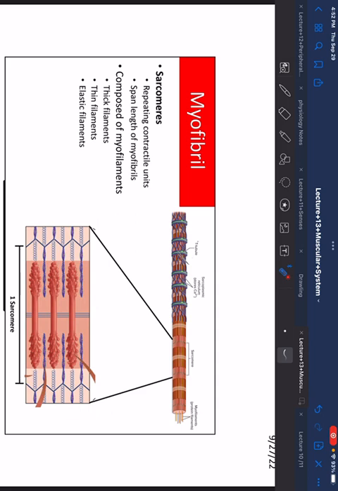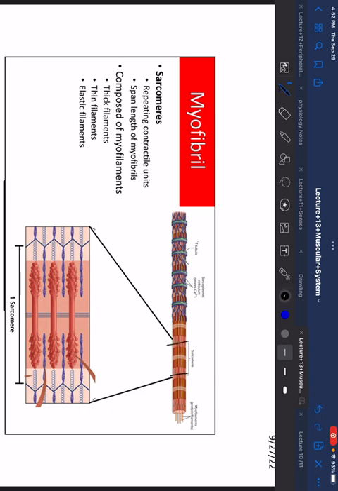You can see that the myofibril is divided into repeating subunits known as sarcomeres. So here's a sarcomere, here's another sarcomere. And sarcomeres will span the entire length of the myofibril from beginning to end.